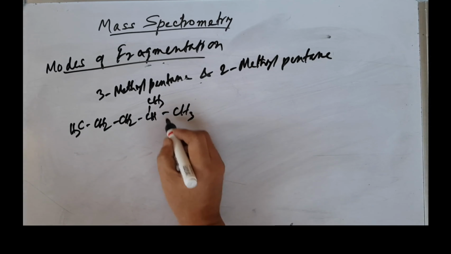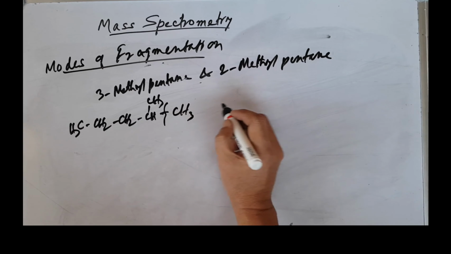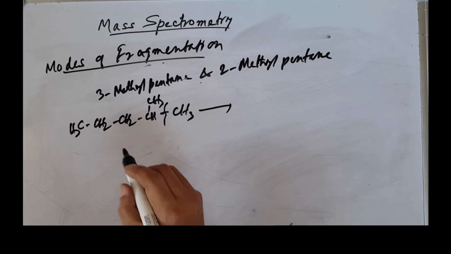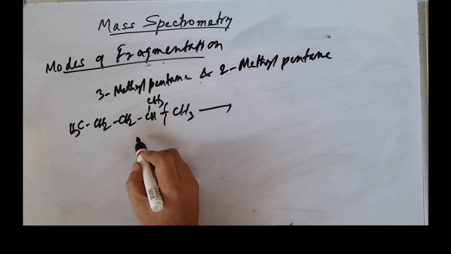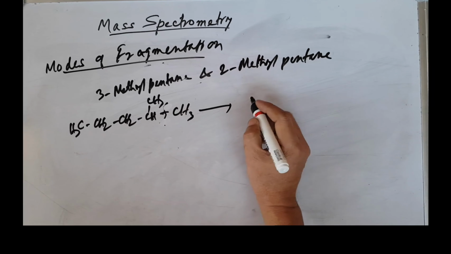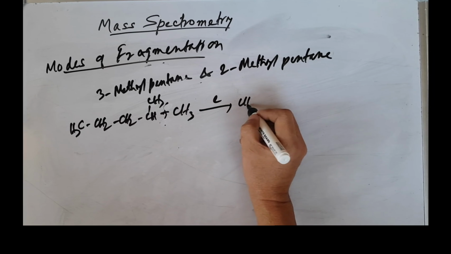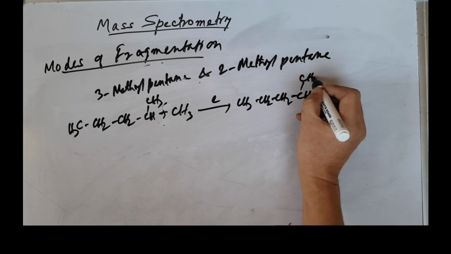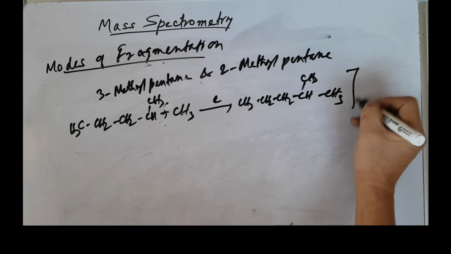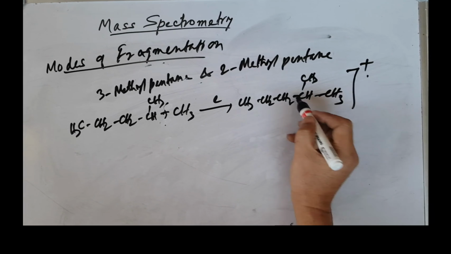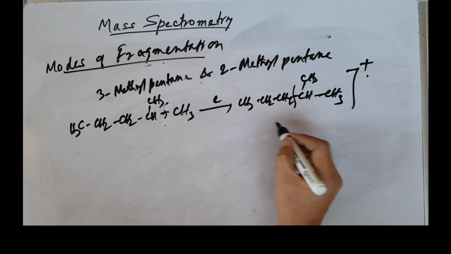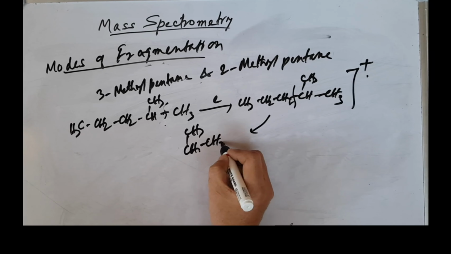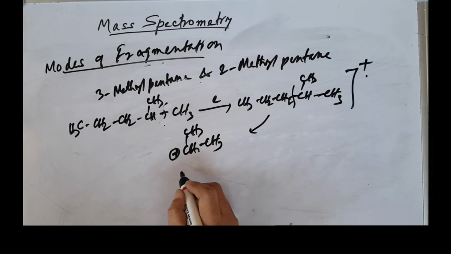This is the molecule bombarded with electrons. You get the molecular ion, then it undergoes fragmentation here, giving CH3 and C3H7.